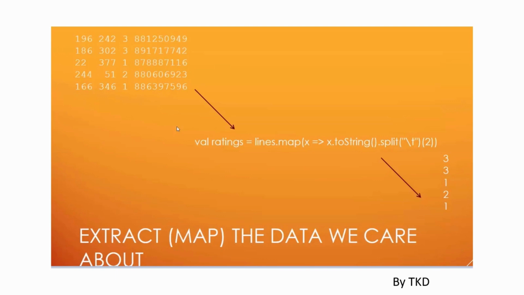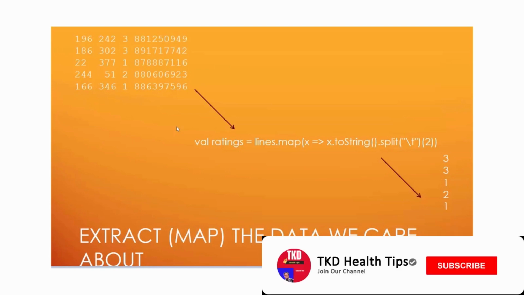Remember, our end result is just the breakdown of how many times each rating occurs. So we don't really care about users or movies or timestamps. All we care about is those rating values.